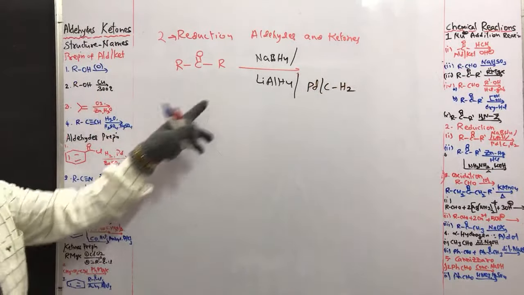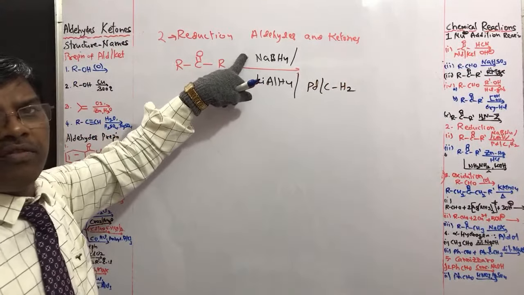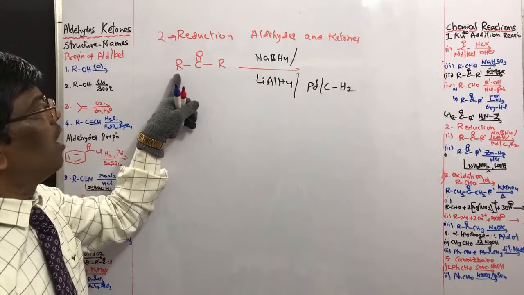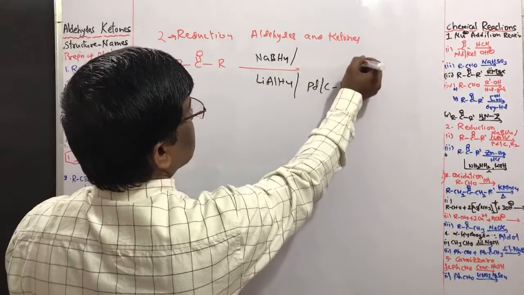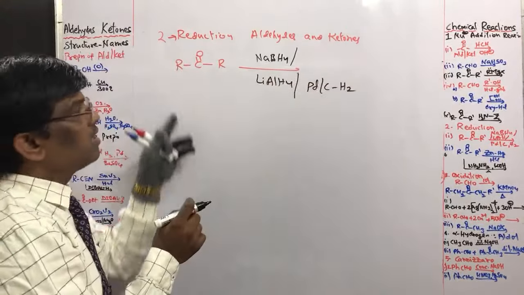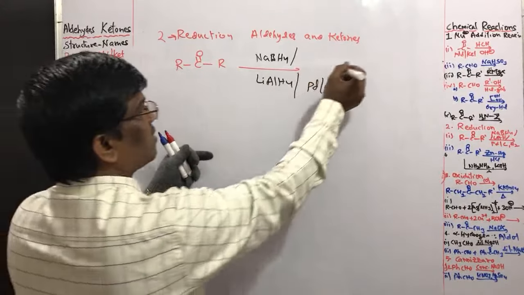The cheapest reagent for the reduction of these ketones to alcohols. Aldehydes give primary alcohols, and ketones give secondary alcohols.